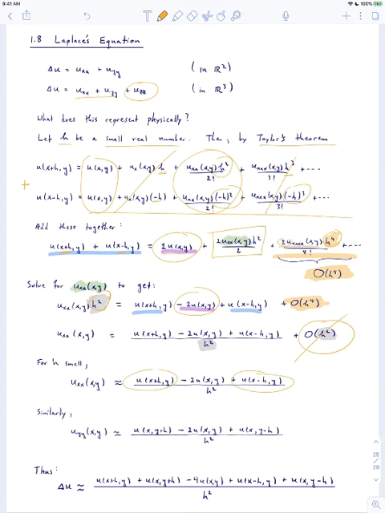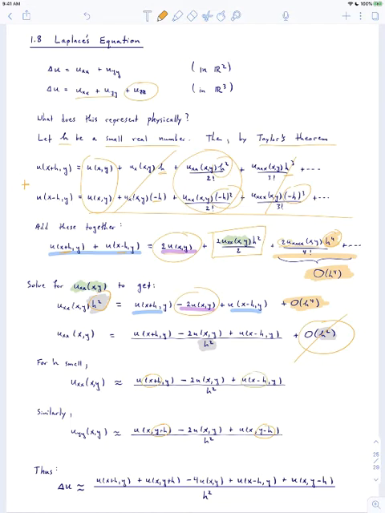Now it's also true that we can do the same thing for the second partial with respect to y, and we've done that here. Now we're going to end up with the same approximate equality. The only difference is that we're incrementing y here instead of x. So that's the difference.